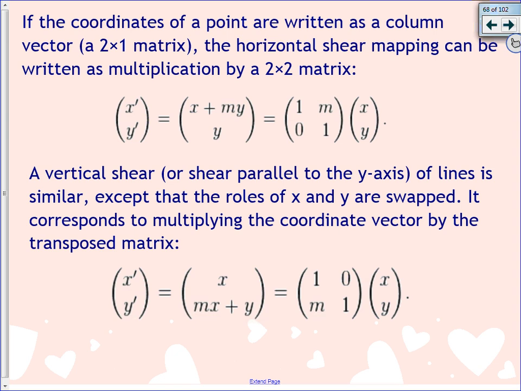So if you take a point in 2 dimensions and multiply it by the shearing matrix [1, m; 0, 1], it will accomplish a horizontal shear. So (x, y) is a vector, and then (x', y') is the sheared vector. So this is the image and this is the pre-image right here.